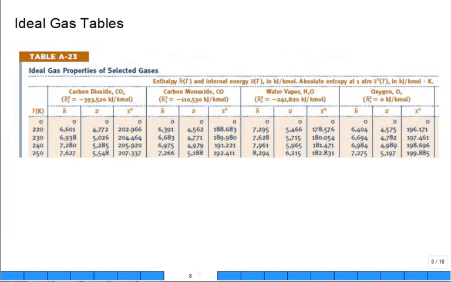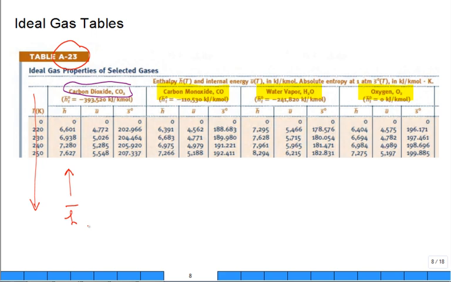You also have temperature-dependent properties for carbon dioxide. You also have it for carbon monoxide, water vapor, and oxygen. There are some limited ideal gases that they do have temperature-dependent properties for. This table A23 is a little different though. Here's your temperature going down in Kelvin, but what did they put right here?